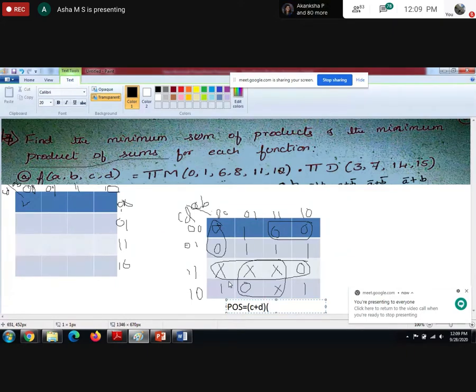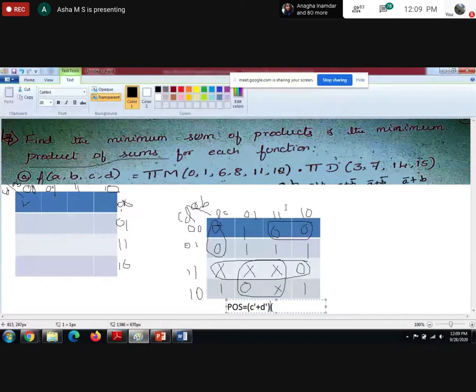Mismatch term, so the second quad A term will get cancelled, left out with, sorry, this is C dash plus D dash. So the second quad A terms will get cancelled, and I'll be left with the B term. B is 1, so it is B bar.